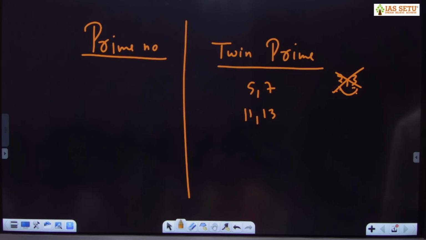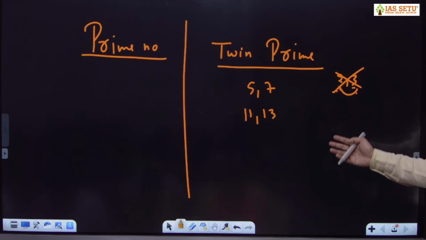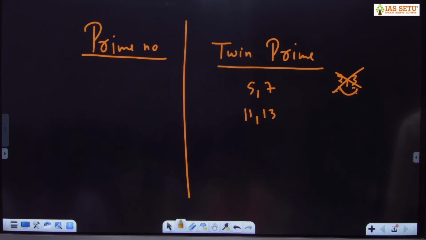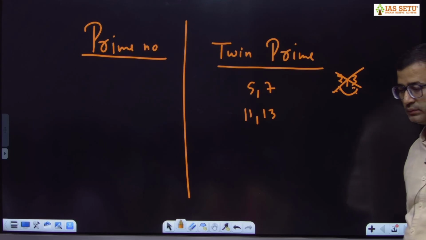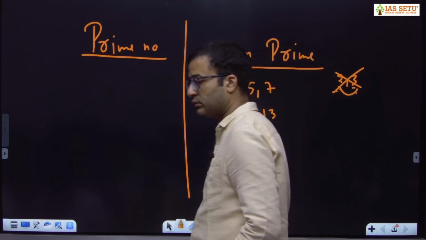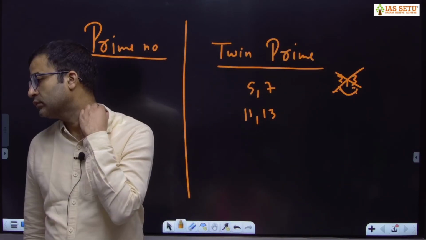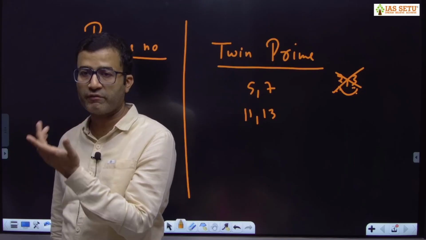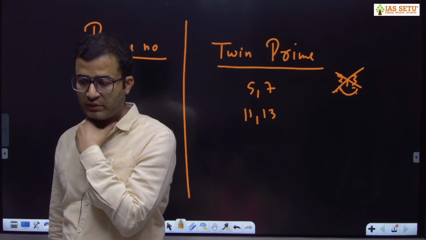Twin primes, I tell you, are two consecutive prime numbers with a difference of exactly 2. Example: 5, 7, 11, 13. These are twin primes. Those who do not remember the table can refer to the table, but today you have to remember that table.